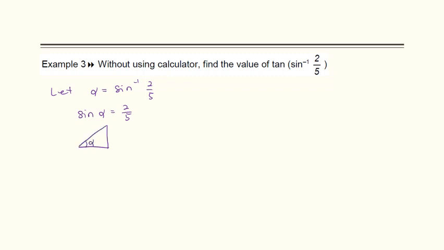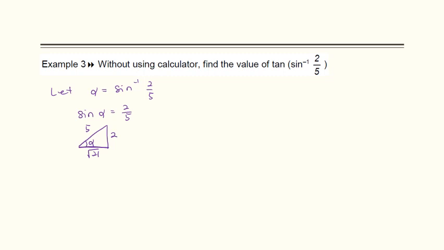So sin alpha equals 2 over 5, so 2, 5. What is the bottom side? Using Pythagoras theorem, 5 squared minus 2 squared, so square root 21.